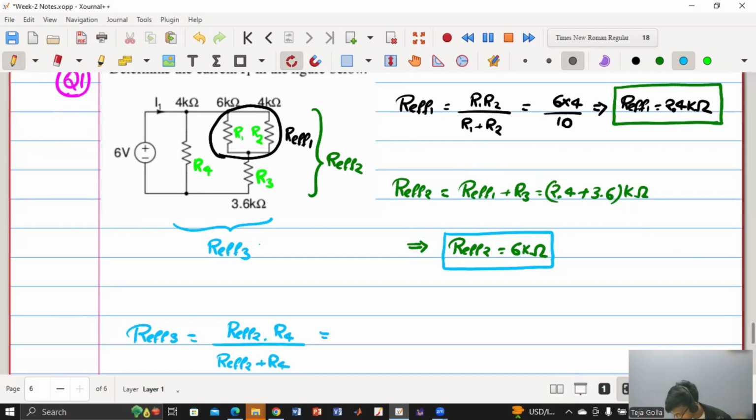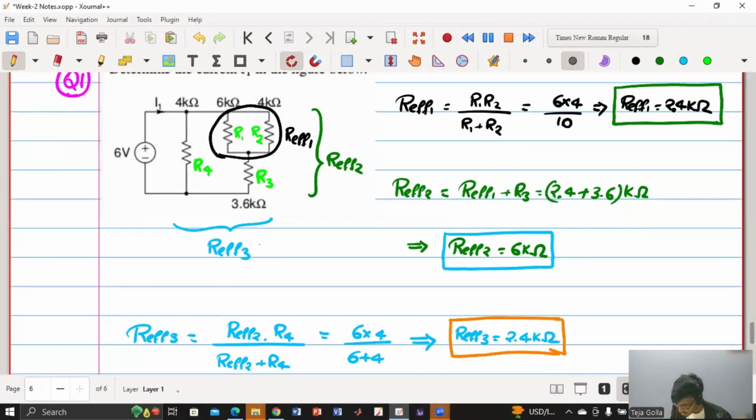Once I substitute, I'll get 6 into 4 by 6 plus 4. So R effective 3 is again 2.4 kilo ohms. Yes, Akshata, Chetan, and Hema, you are right.